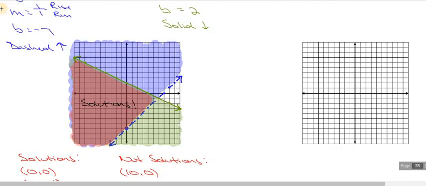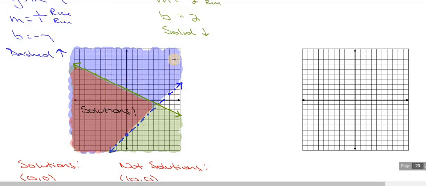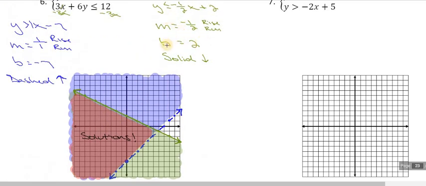All right, so hopefully this is what your graph looks like. For our blue first linear inequality, y-intercept of -7, slope of +1, dashed line shaded above. Our second inequality, we had a y-intercept of +2, slope of -1/2, solid line shaded below.